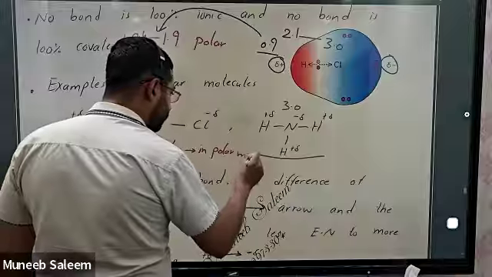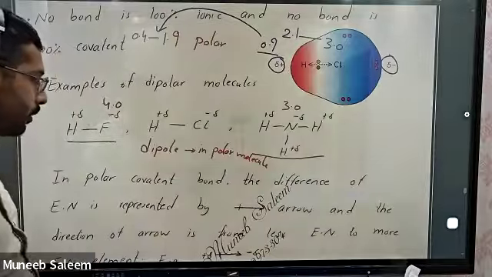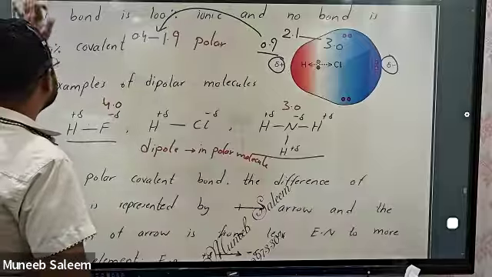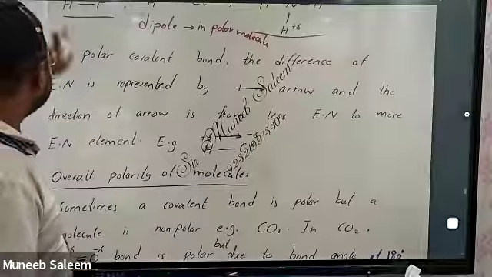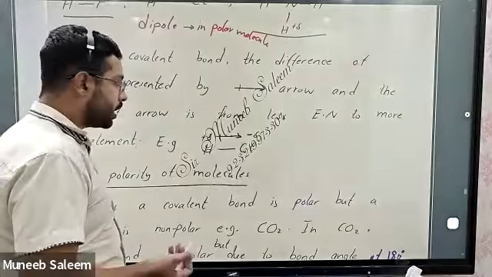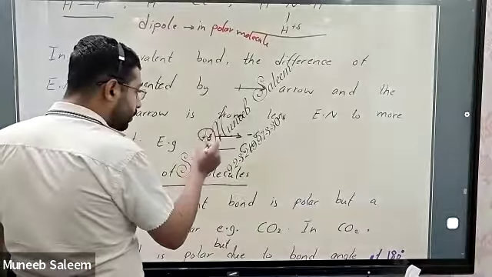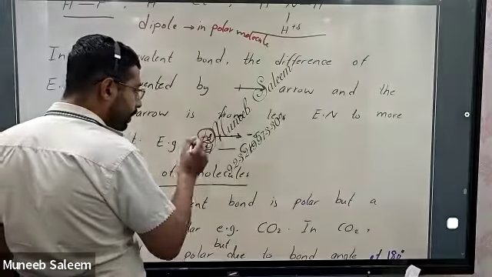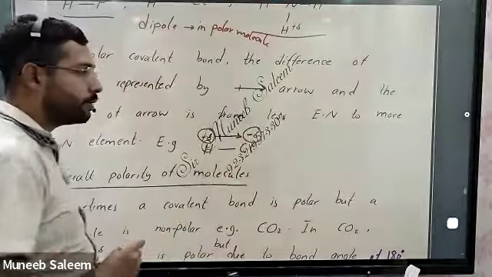The dipole in a polar molecule is what? We have the partial positive and partial negative sides. Basically, these arrows are indicated in such a manner that the tail of the arrow starts from the partial positive side, and the head of the arrow ends at the partial negative side.